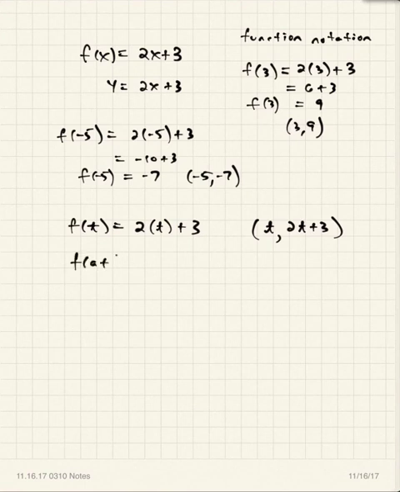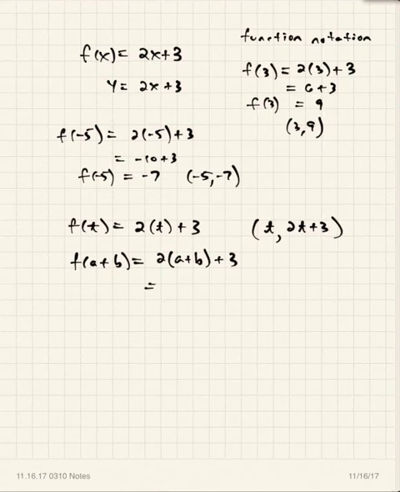f of a plus b. You're going to have to be able to evaluate function notation like this; it's going to come up in applications, believe it or not. So the domain value is a plus b. How do you find what this rule assigns a plus b to? You put a plus b in place of x, just like we did with t, and with -5, and with 3.